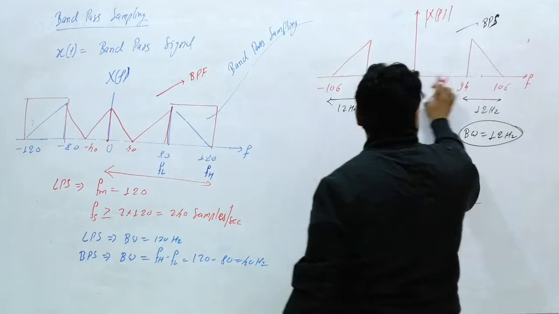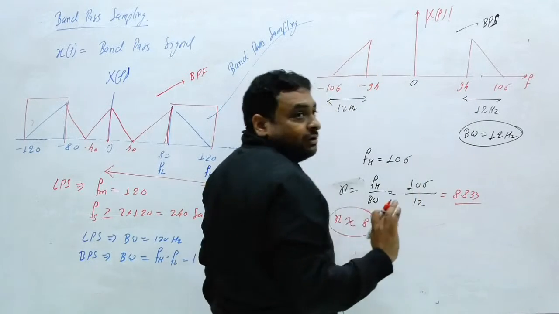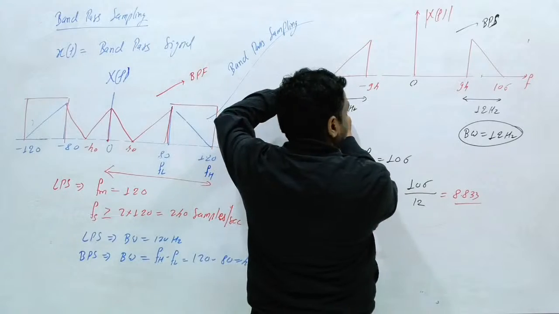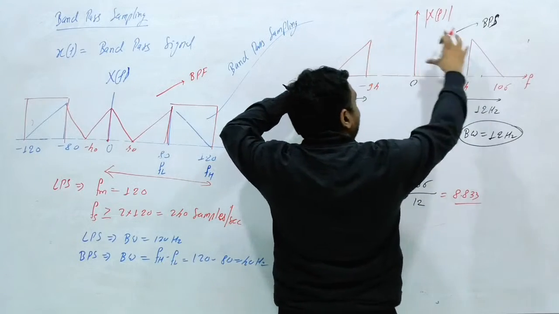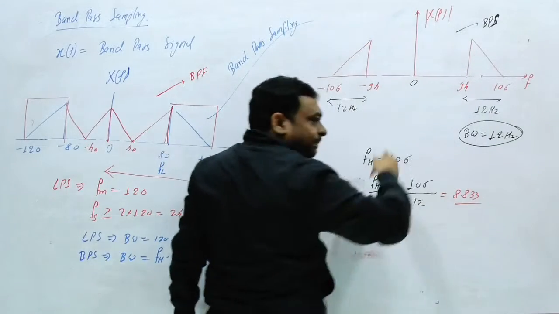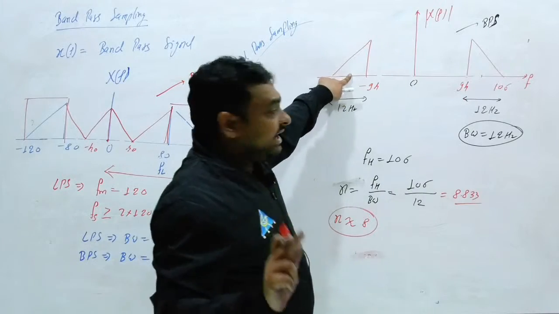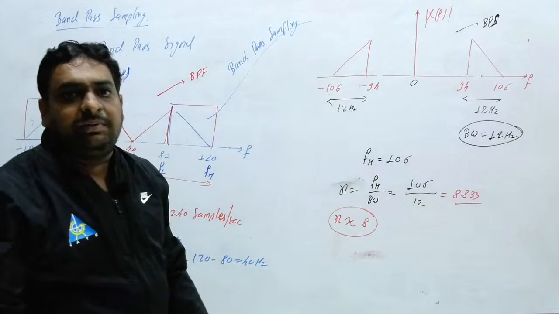So from 106 minus 2 plus, we have to place this 8 shape and this 8 shape. Clear my point? Some space will definitely be wasted.